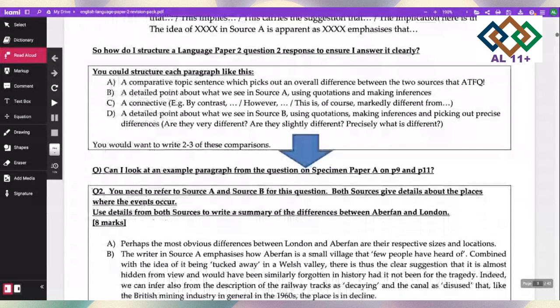Are they very different? Are they slightly different? Precisely what is different? So you have to be really careful about what you are answering.